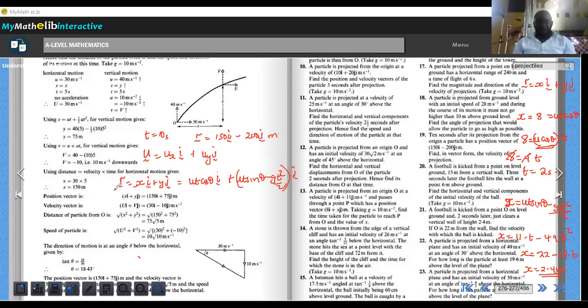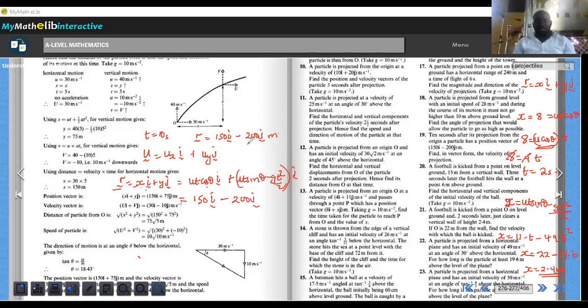If you have this as your r, then r is defined horizontally along i by x, and vertically along j by y. The equation for x horizontally is ut cos theta, and vertically is that. But according to what has been given, horizontally is 150 i, and vertically is 200 j.